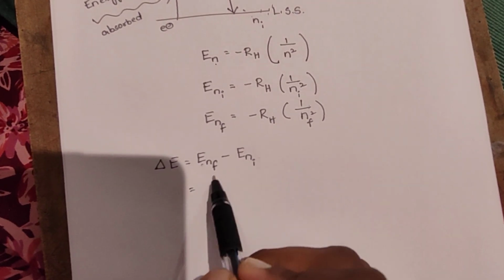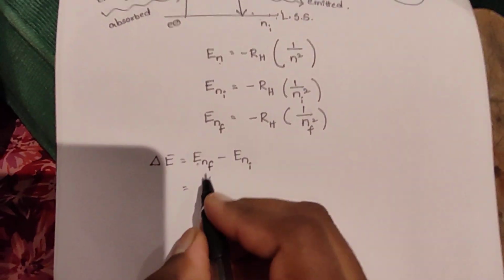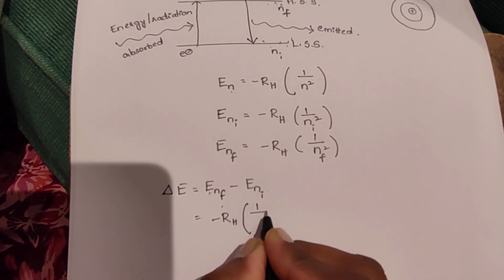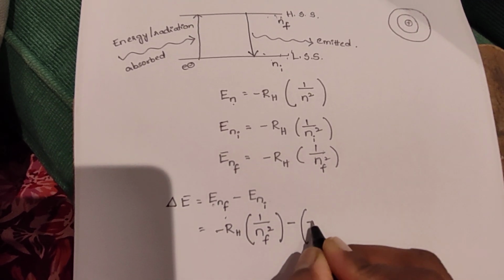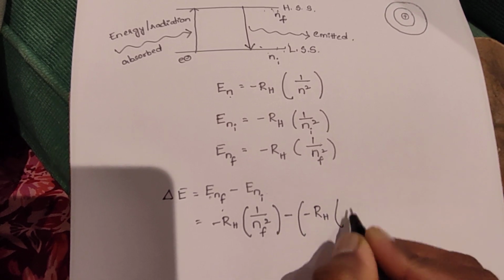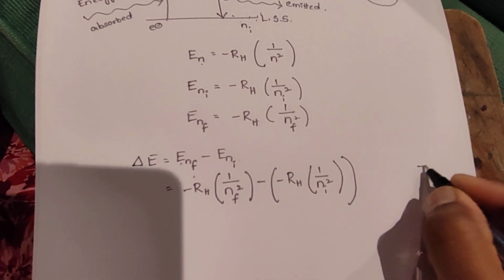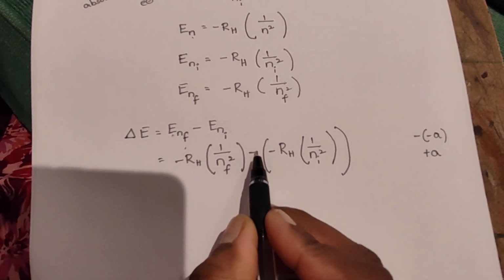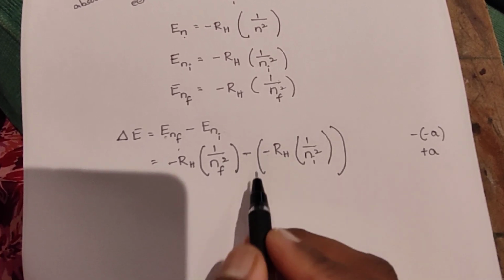If we substitute these values in this formula, we get minus RH into 1 by Nf square minus, minus RH into 1 by Ni square. Minus of minus A is nothing but plus A. Similarly, minus of minus RH becomes plus RH.